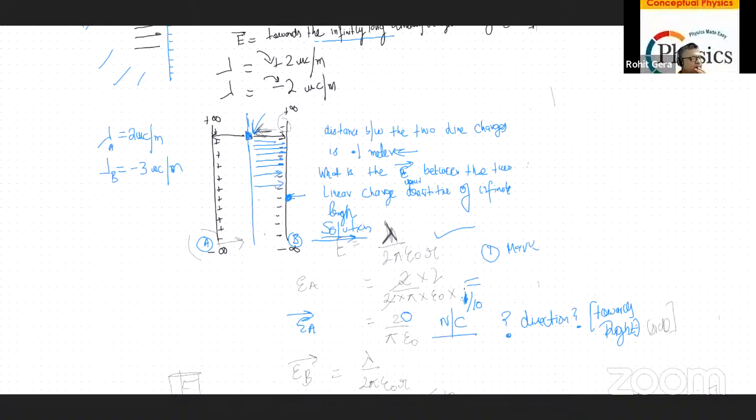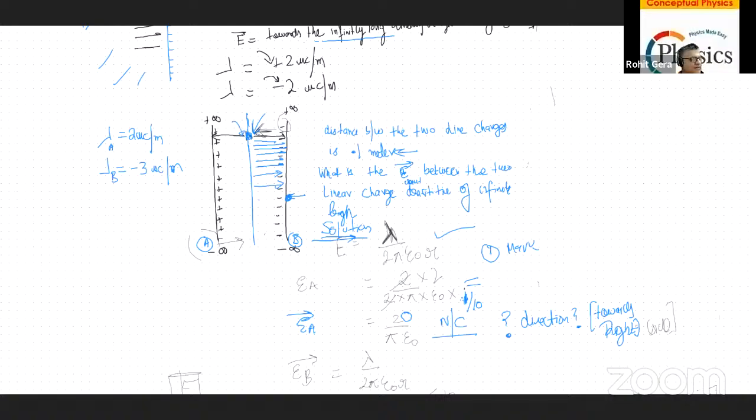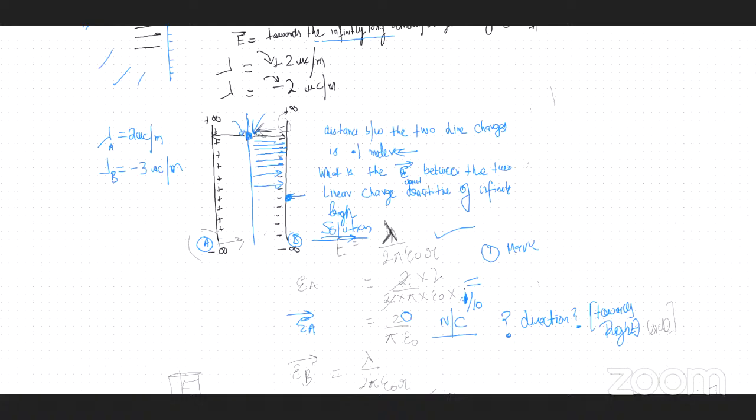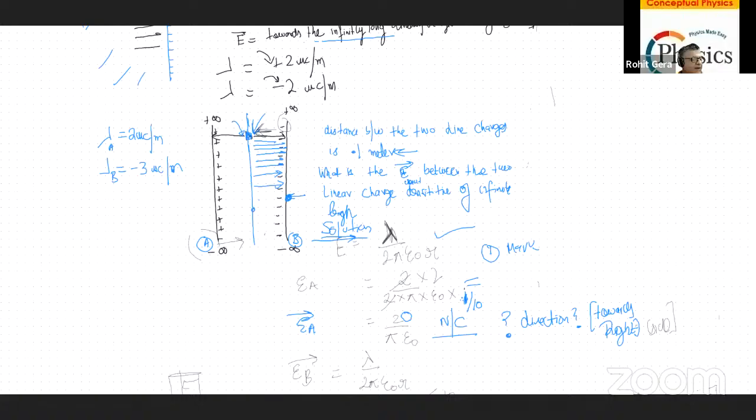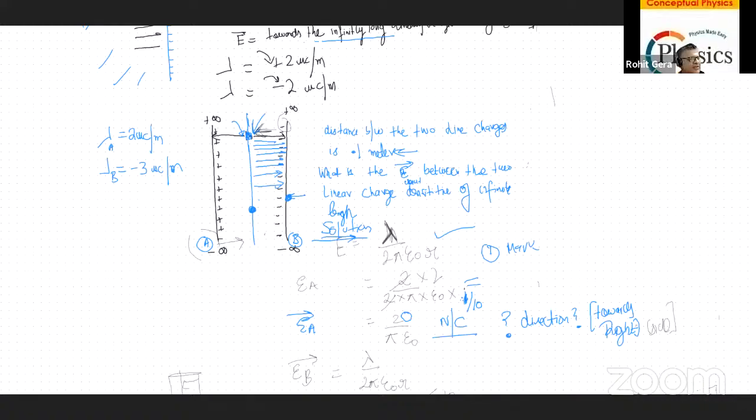Yes, it is. But where are you finding? That's my question. At the center. What does a guy at the center feel? If I am sitting here, what will I feel? What is the direction of electric field if I'm sitting here due to the negative charge? Draw an arrow. If I'm sitting at the center, due to the negative charge, what is the electric field direction I will see?